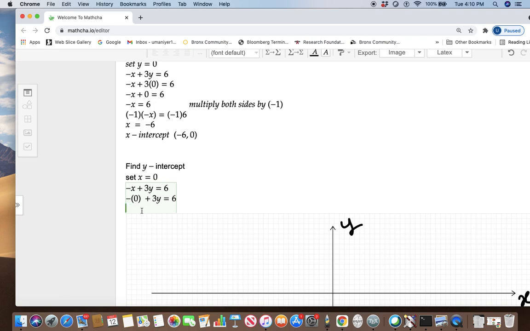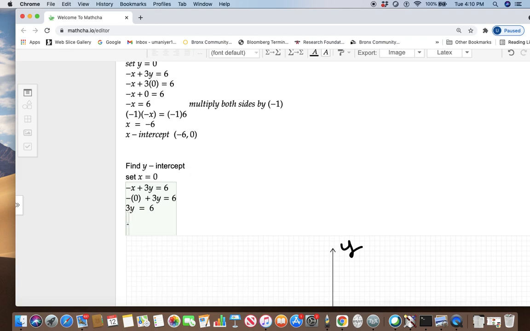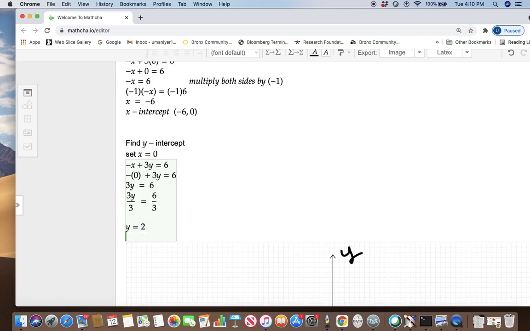Negative 0 is 0. 0 plus 3y is simply 3y. Divide both sides by 3. You get y equals 2. So now you have your y-intercept. X coordinate 0, y coordinate 2.